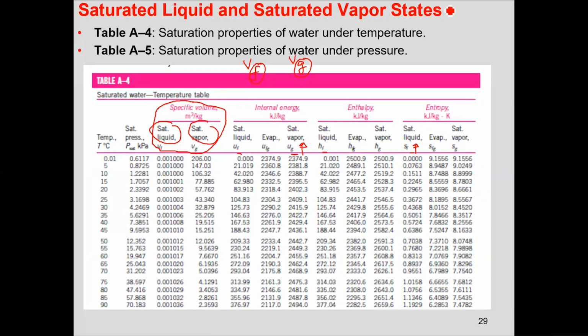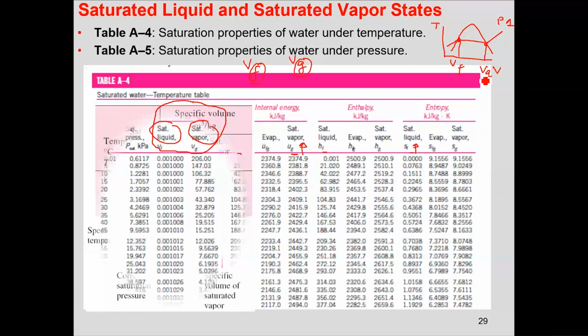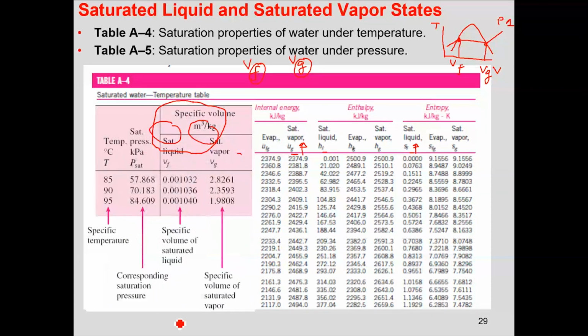If you remember the T-v diagram, let's say we have this temperature volume diagram, this is the dome, and you have some constant pressure that you are referring to, let's say P1. This point refers to saturated liquid, which is defined by vf, and this point refers to saturated vapor, which is referred to by point vg. I hope this is clear. Yes, sir. All right.